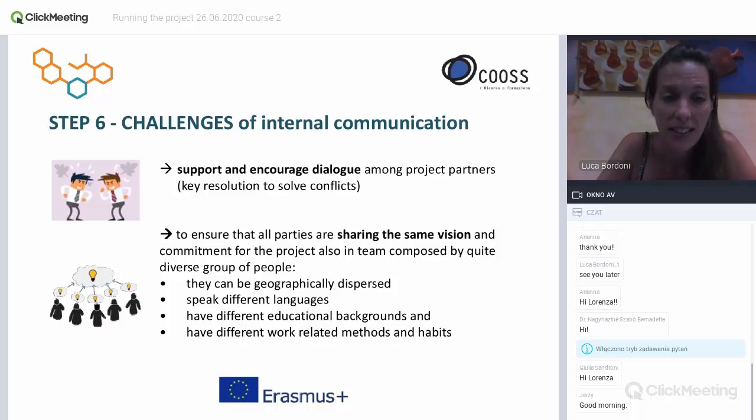And the other main challenge is to create a relation of comprehension among partners, support the dialogue, and try not to encounter conflict. And if conflicts arrive, because they arrive when a lot of different people are working together, the communication itself may be the key to resolution, and that is up to the project manager.